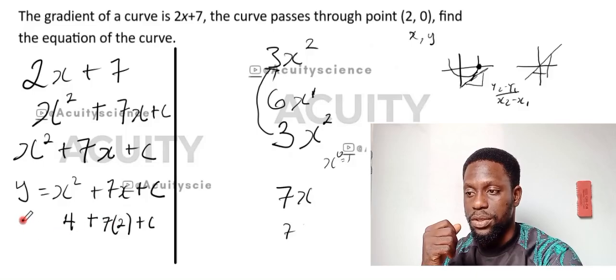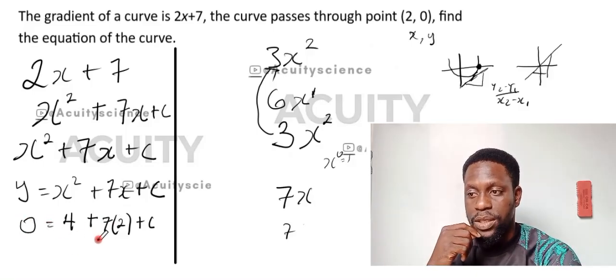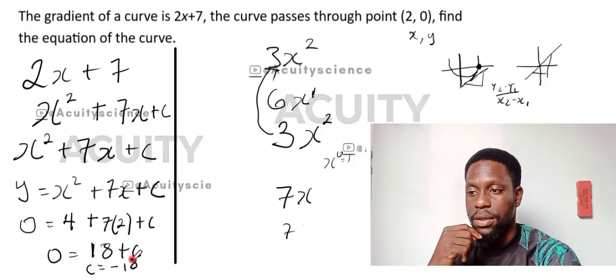Y here is 0, as you can see. So we're putting in 0 here. Okay? So 7 times 2 is 14. 14 plus 4 is 18. So 18 plus c equals 0 on the other side. So c is minus 18.